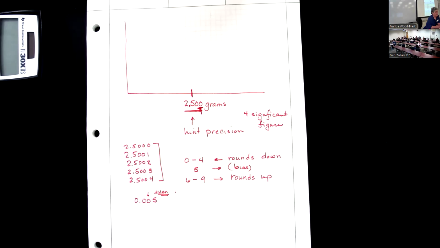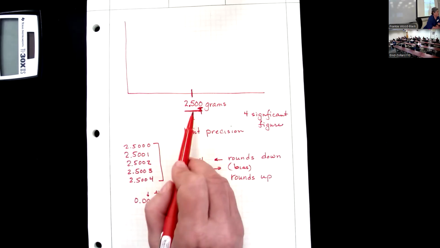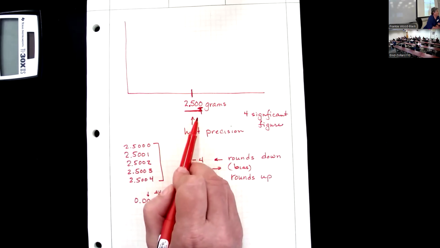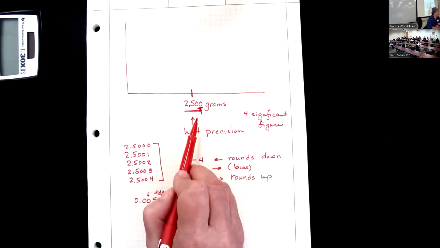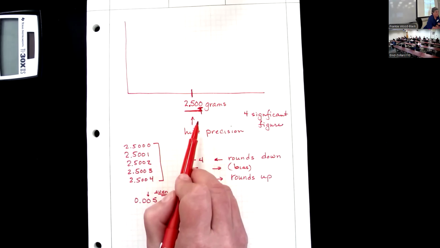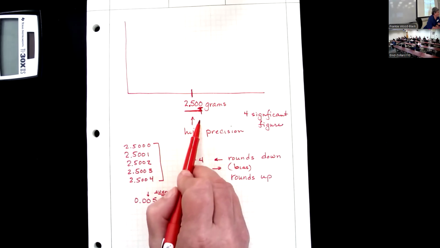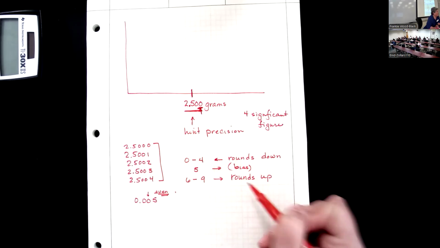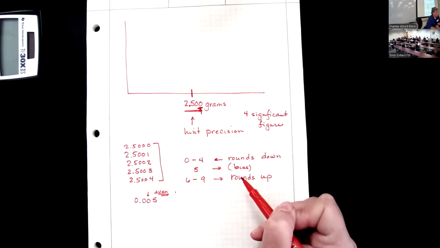In chemistry, we're going to be very, very persnickety about significant figures, because that tells you the accuracy of your measurement and the accuracy of your experiment. And it is very important when we're worried about accuracy that we keep track of our significant figures. So that's why we're going to have to round up or round down.